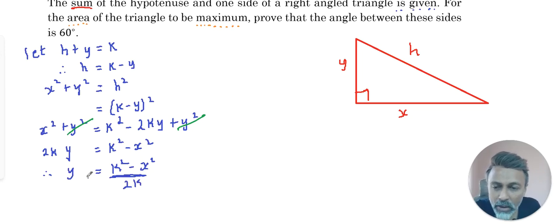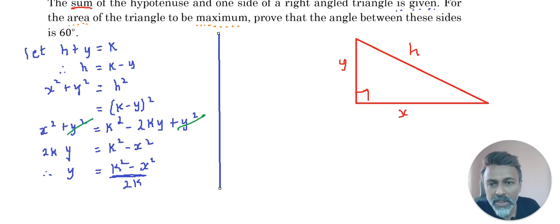Why not x in terms of y? Because here x square is there, then you would have to take square root. So getting y in terms of x is simpler. Now we want to go for the area of this triangle, because area was written here. We know the area formula is half into x into y.